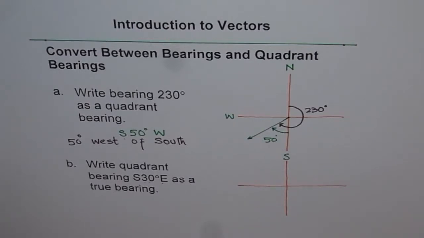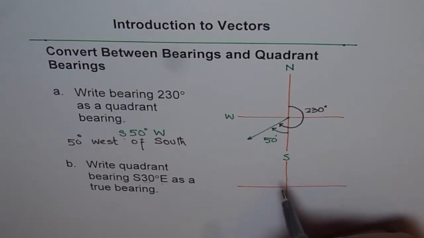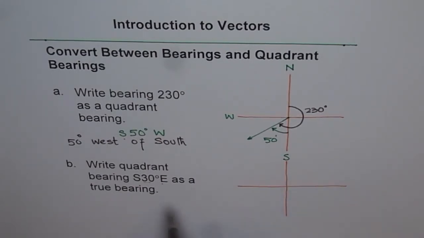As I said, true bearing angles and quadrant bearing angles are related. True bearing is from north and quadrant is from the north-south line, right? But the angle should be within 0 to 90 degrees.